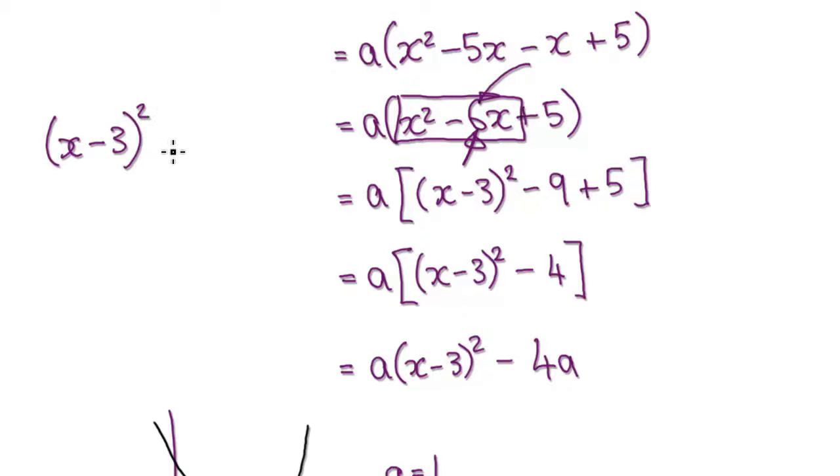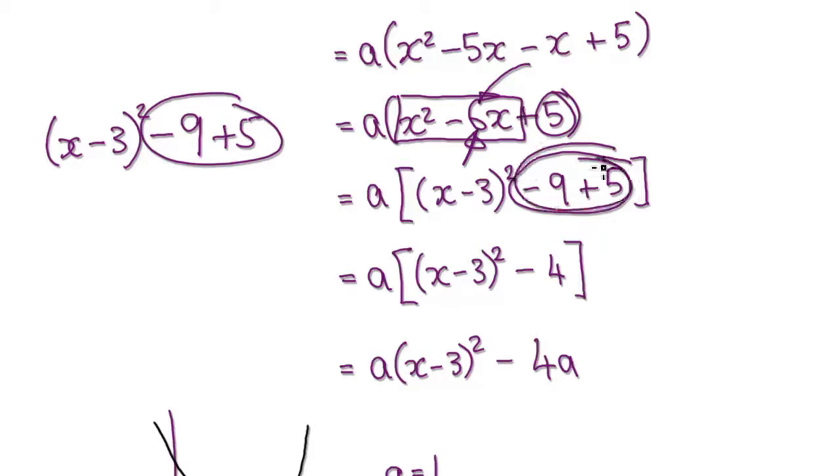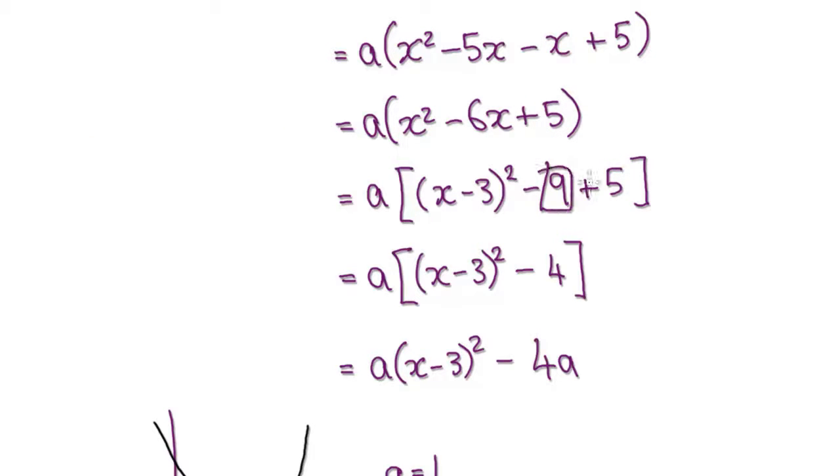So it would be of this form, (x - 3) squared, and then you immediately take away the rubbish. The rubbish would be 9 in this case, 3 times 3. And then you carry this across, so plus 5. That would then take you to here. Now you've got a single number, so merge these two together. That will give you -4.